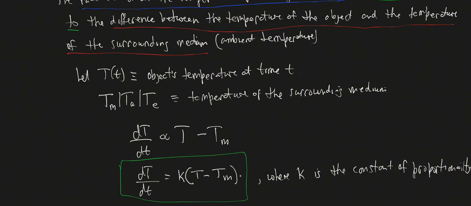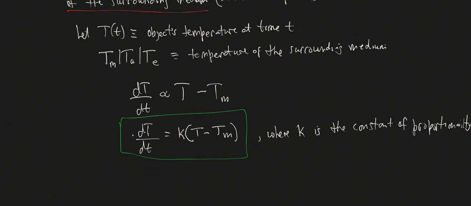All right, and that's it. So a very simple formula. And the nice thing about this is that Newton's law always leads to a linear differential equation. So this is always linear, right?